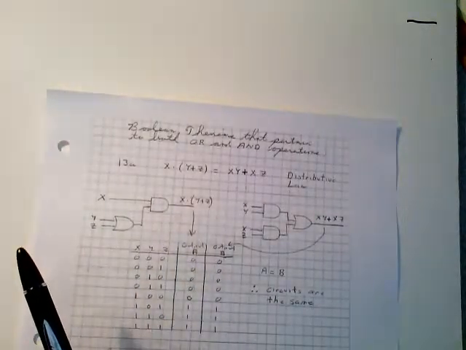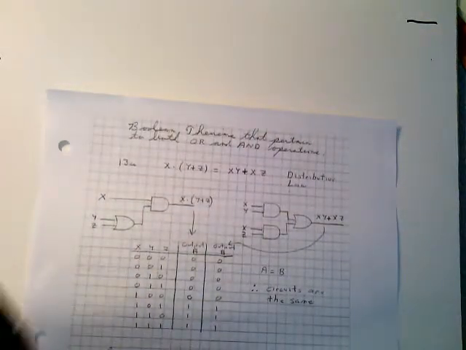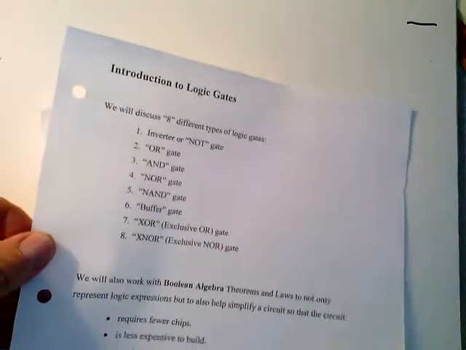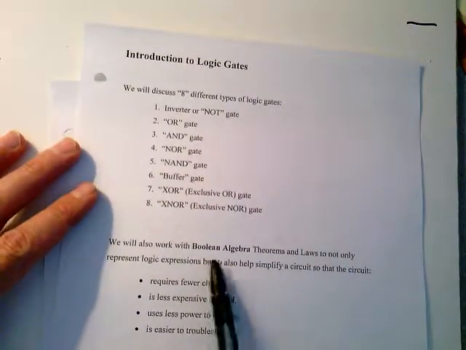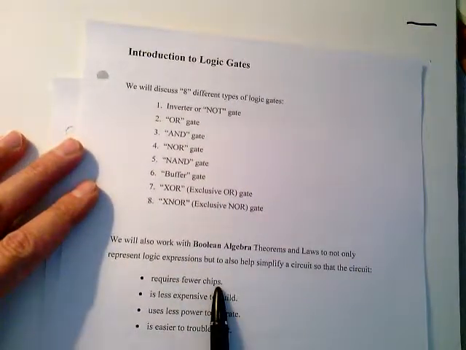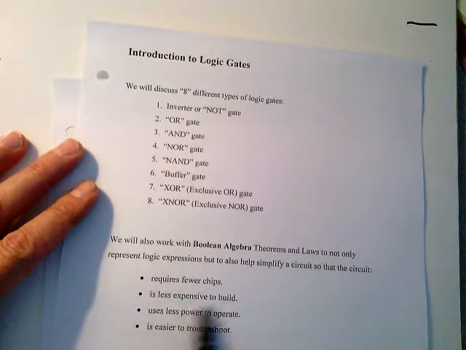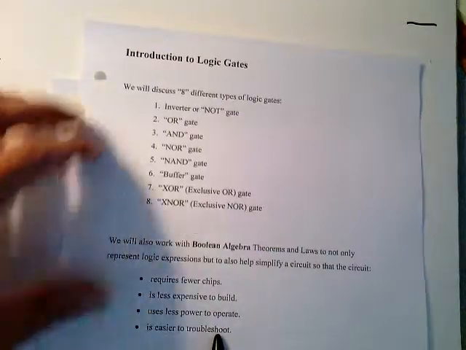Remember back when we started talking about this chapter, we said we're going to use Boolean algebra, and why? It requires fewer chips, therefore it's going to cost less to build, it'll use less power, and it's easier to troubleshoot.